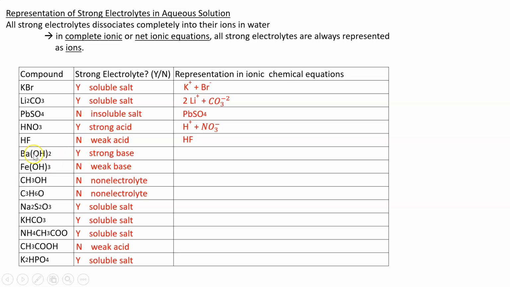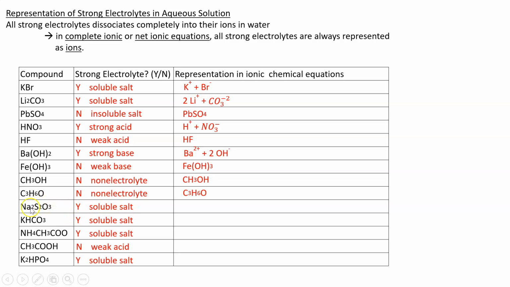I have a strong base here, so I have Ba2+ and 2 hydroxide ions. Fe(OH)3 is a weak base, it stays the same. This one also is a non-electrolyte, it stays the same. This is a non-electrolyte, it stays the same.